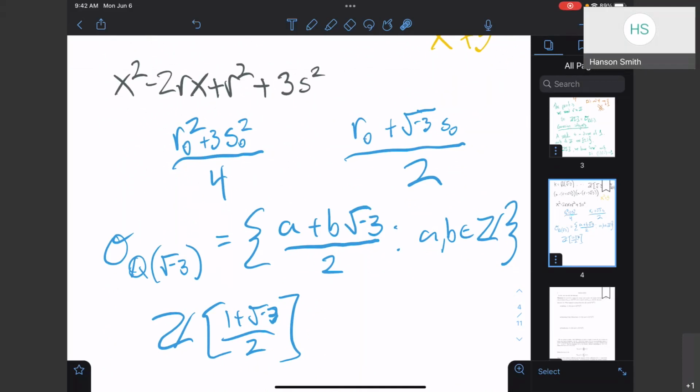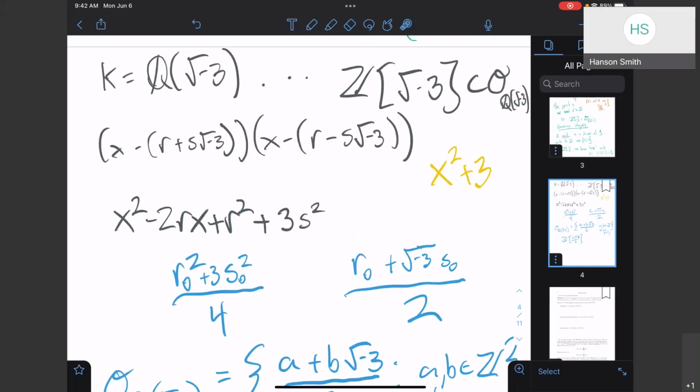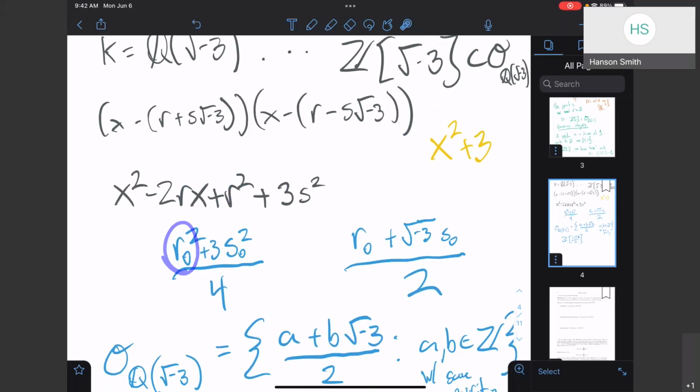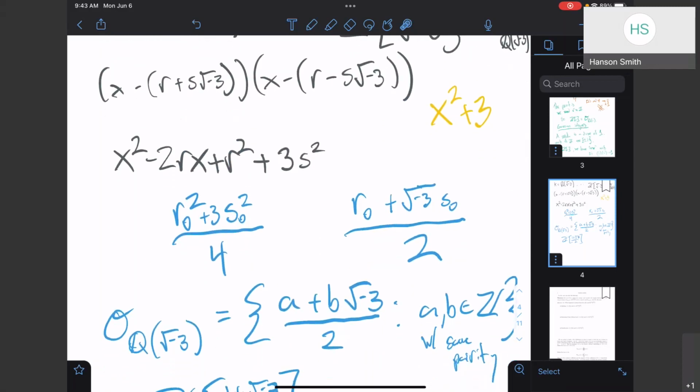Yes, yeah. So A and B, good call. If R naught was odd, and then S naught was, well, wait, right, I can't have 1/2 plus square root of minus 3.